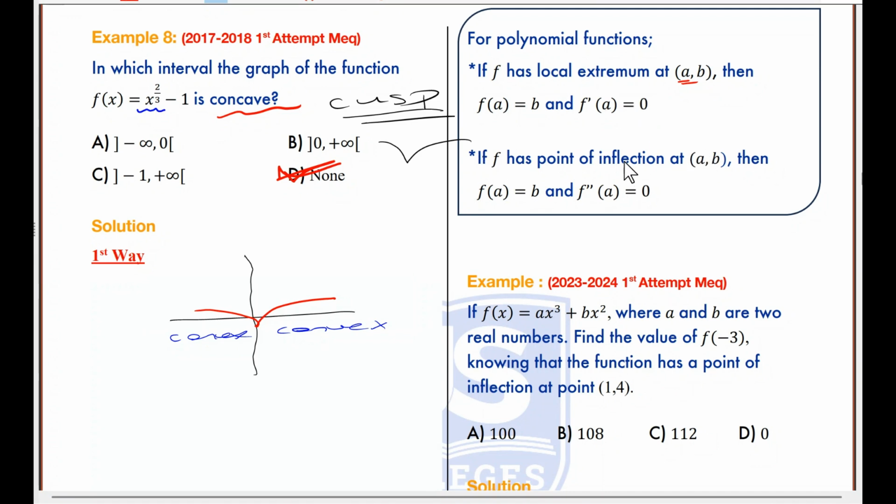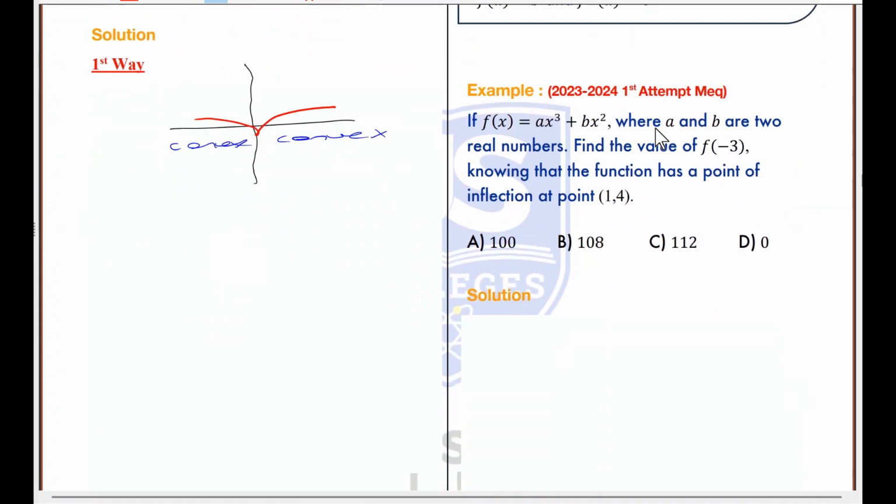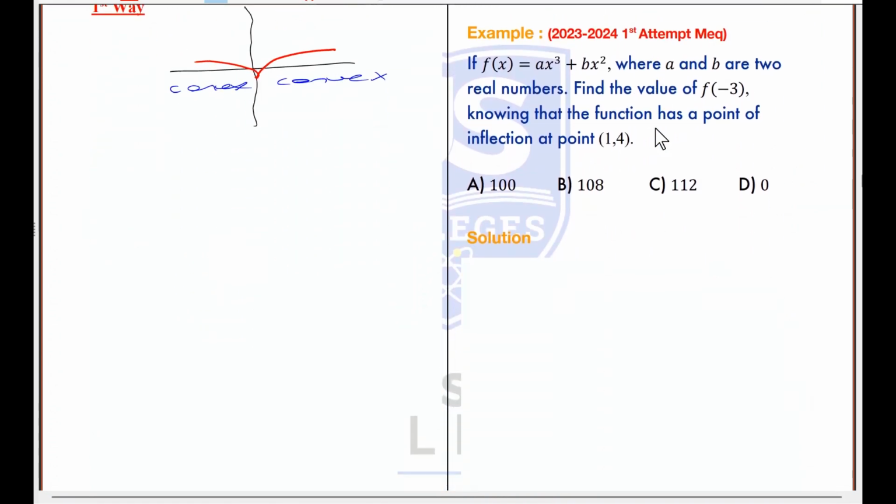If there is a point of inflection, then the same point satisfies the original function, and this point makes the second derivative 0. So we already know this information, of course. This is just a reminder. By using this information, we can solve the next ministry exam question.